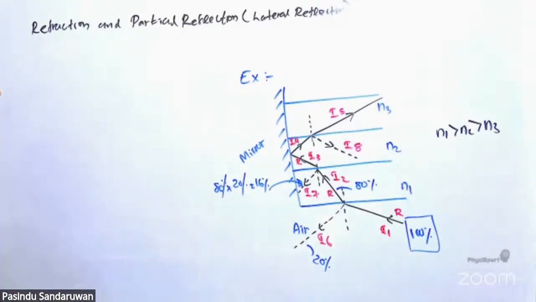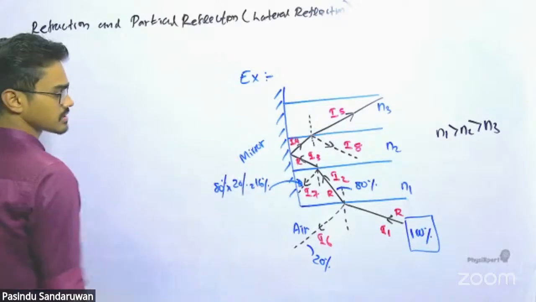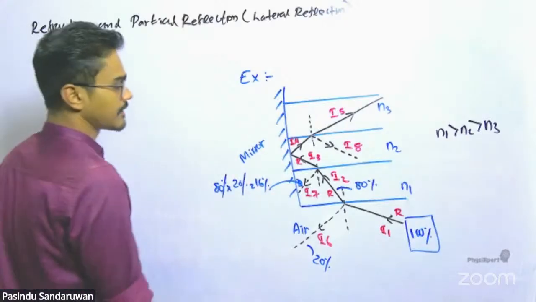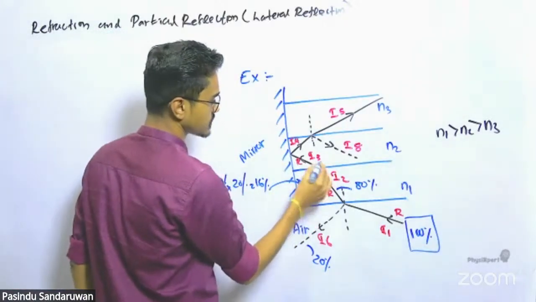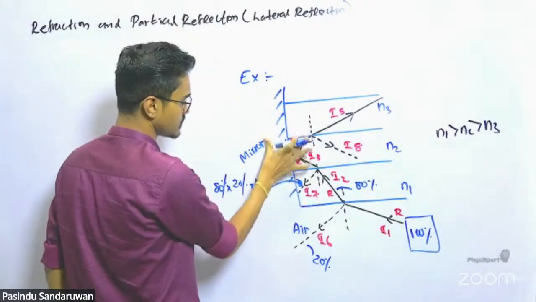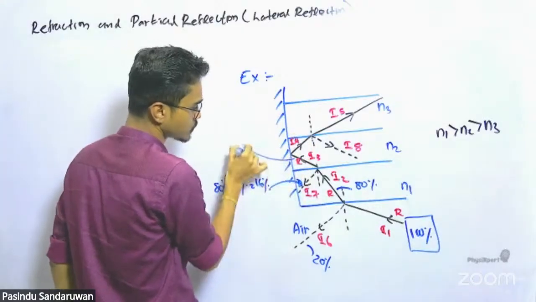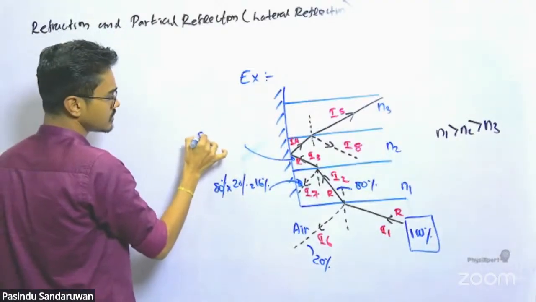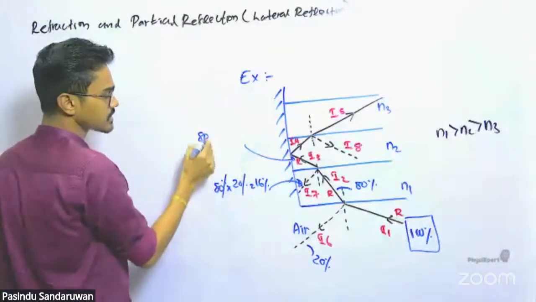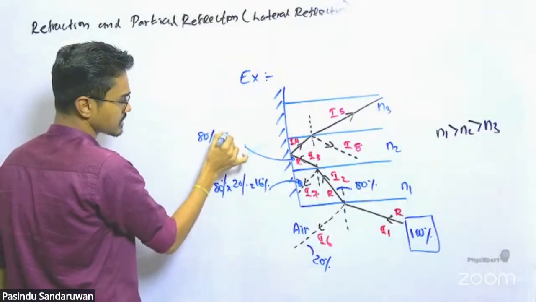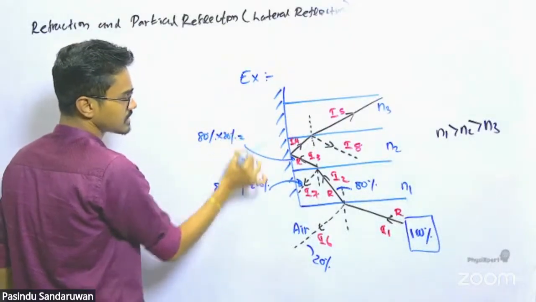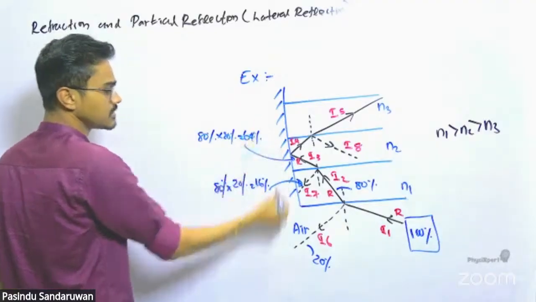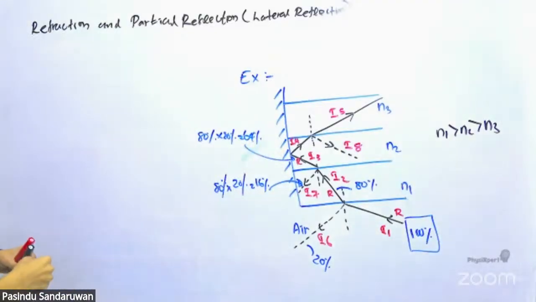Then this one is 80% of 80%, that is 64% from the original.